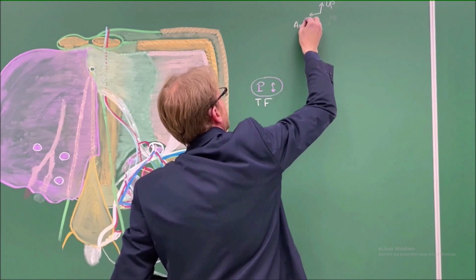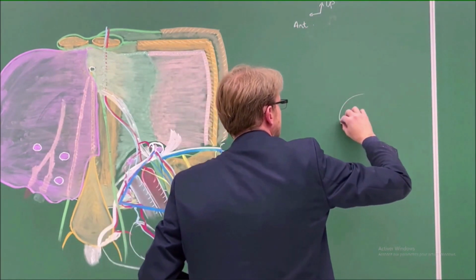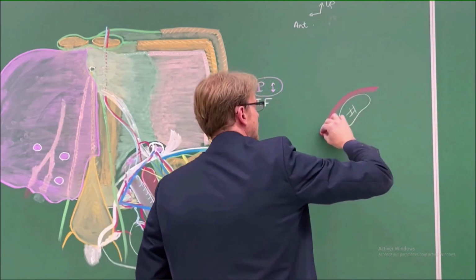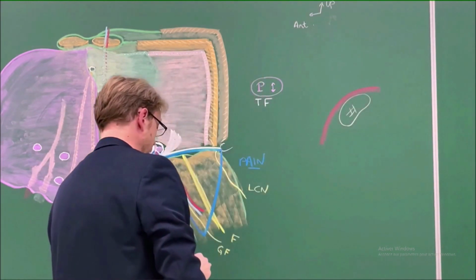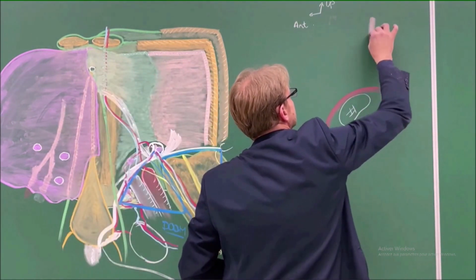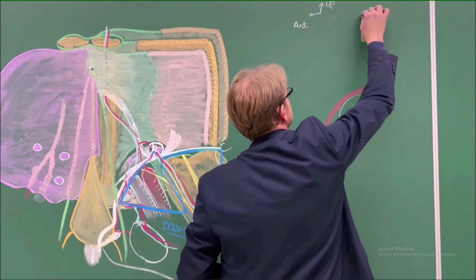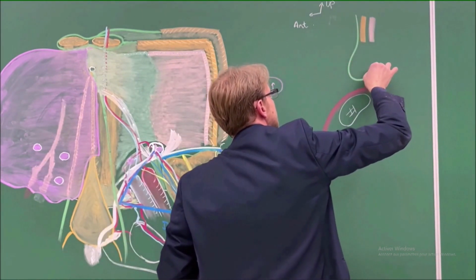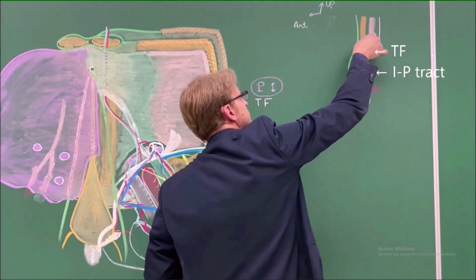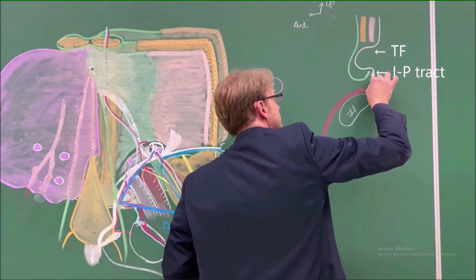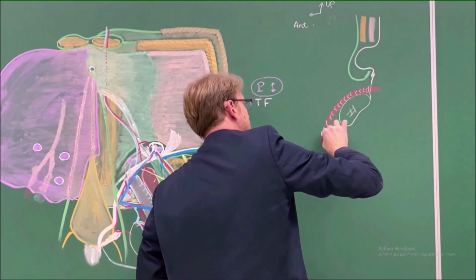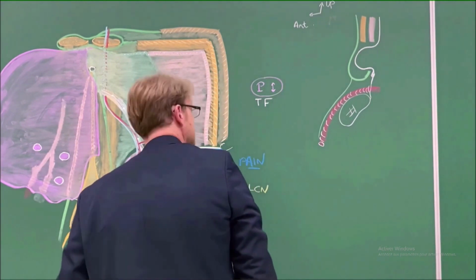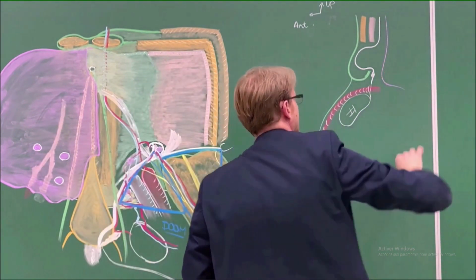The first sagittal section through the artery, we will draw now the iliopubic branch and the external iliac artery forming the femoral artery, and the conjoint tendon with the transversus abdominis muscle, internal oblique muscle, external oblique aponeurosis, forming here the inguinal ligament, transversalis fascia, forming the deep spermatic fascia, the ligament of Thomson, the fascia of the thigh, and the peritoneum.